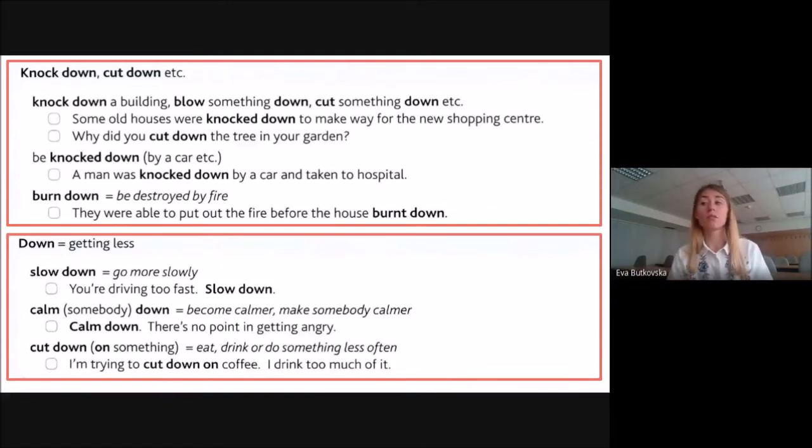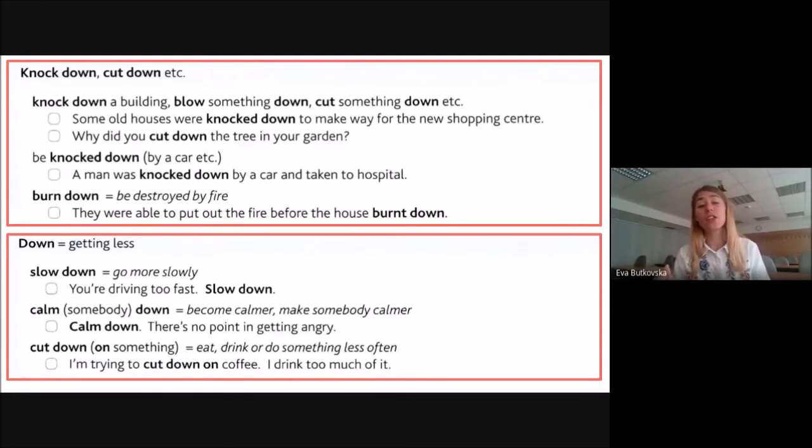So you need to slow down your speed, for example, or calm down, to become calmer or make somebody calmer. So you could say, calm down, there is no point in getting angry, or the baby was crying really hard. It took me a while to calm the baby down. So not just myself calm down, but make somebody calm down as well.